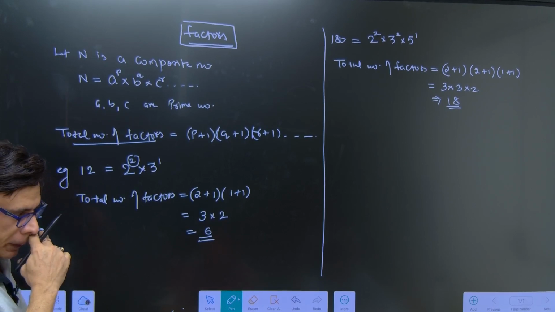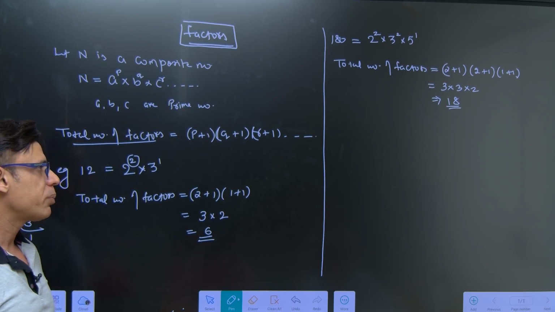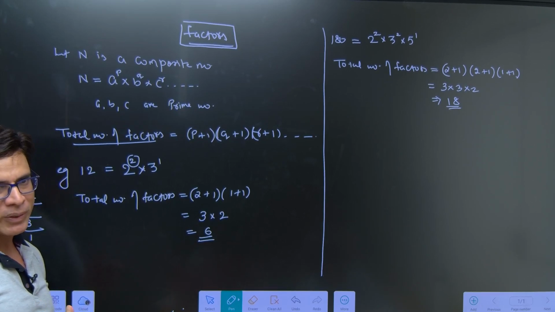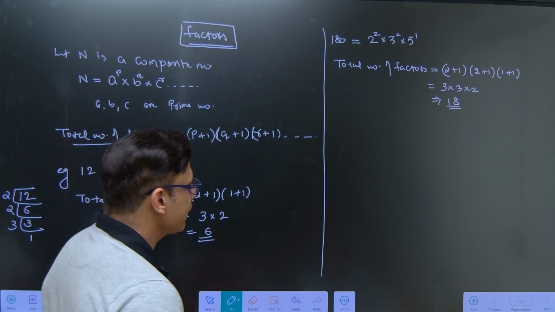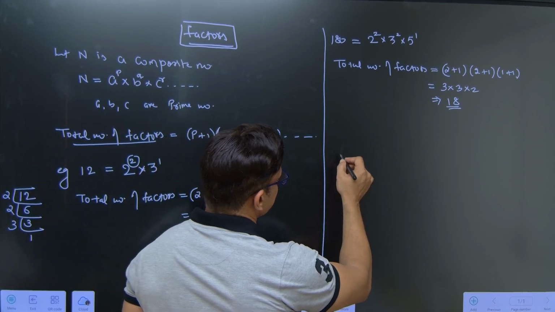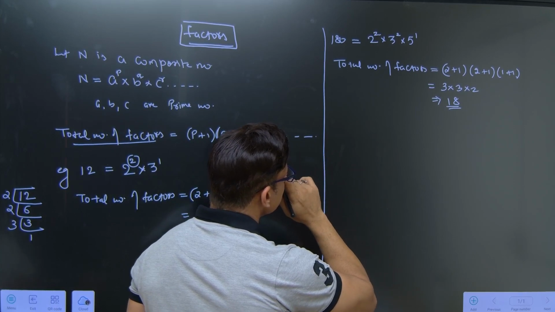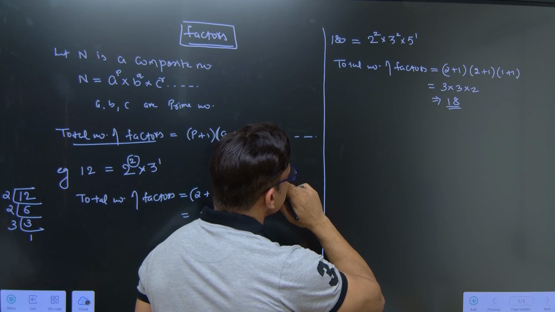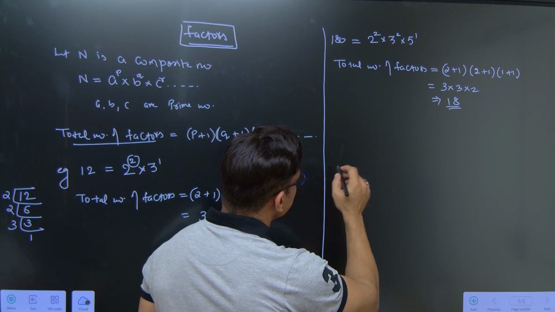We can find the number of factors by prime factorizing a given number, right? There might be some numbers which are difficult to prime factorize because they are made up of large primes. For example, 385.